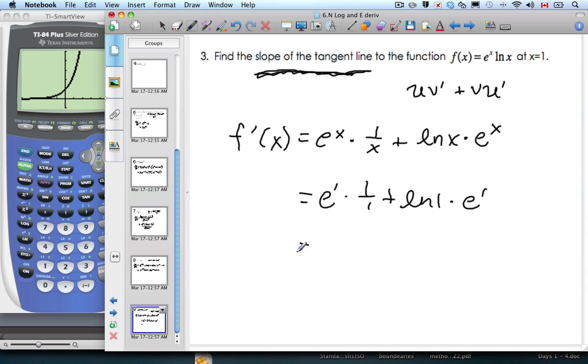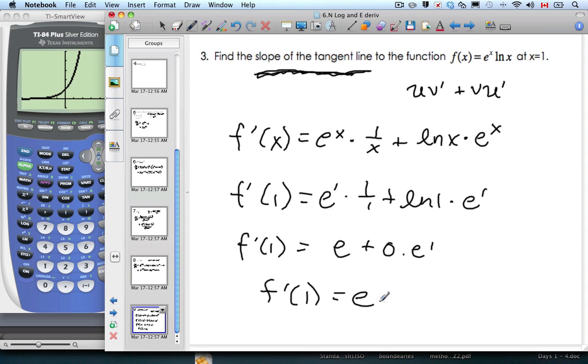And that is f prime at 1. So we get e, and the logarithm of 1 is 0, so plus 0 times e to the 1, which ends up just being e. So that's the slope of the tangent line at x equals 1. It's e, 2.7 and so on. All right, sounds good.